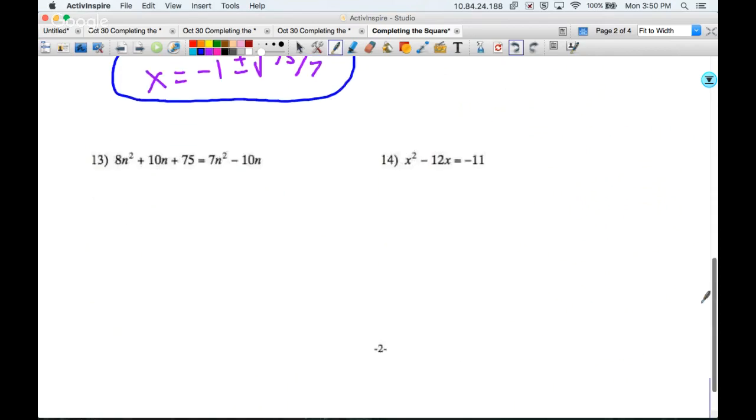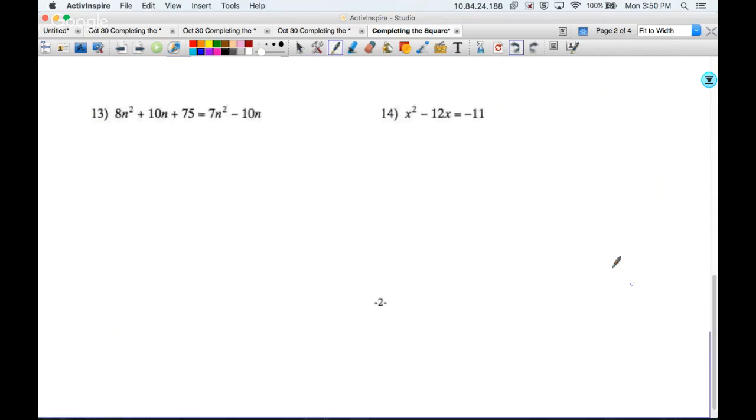Let's see, looking for another tricky one. 13 looks pretty tricky because we got all these like terms. Let me start by gathering my like terms by subtracting 7n squared from both sides. That gives me an n squared plus 10n plus 75 equals negative 10n.